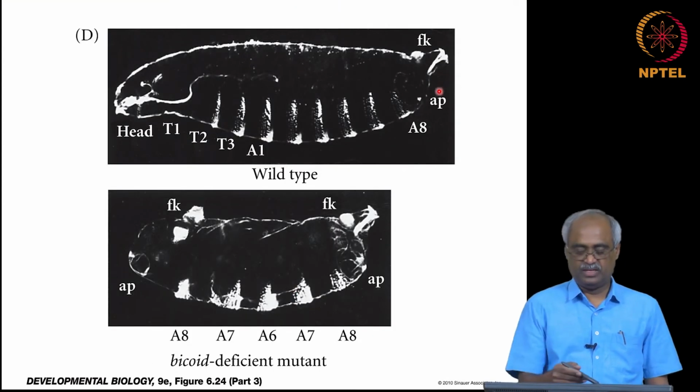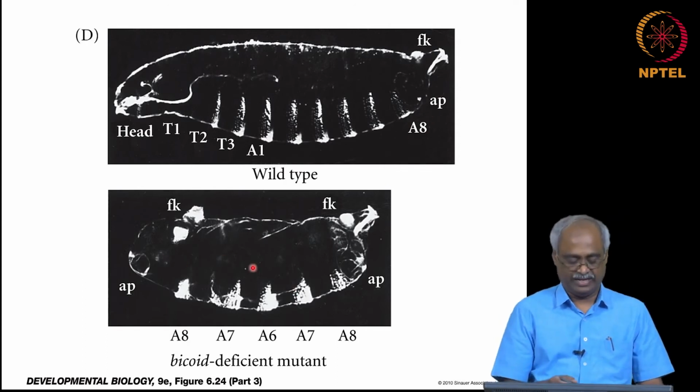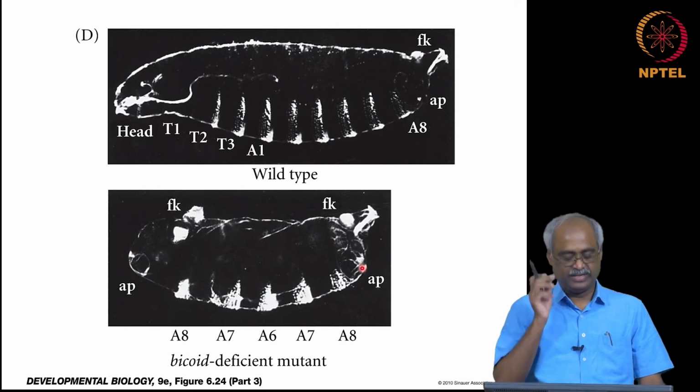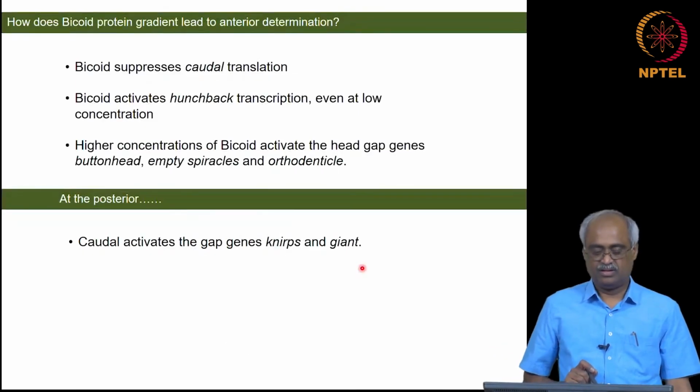So, this is how the surface cuticle looks like of wild type and bicoid mutant, which is missing some of the head structures. All right.